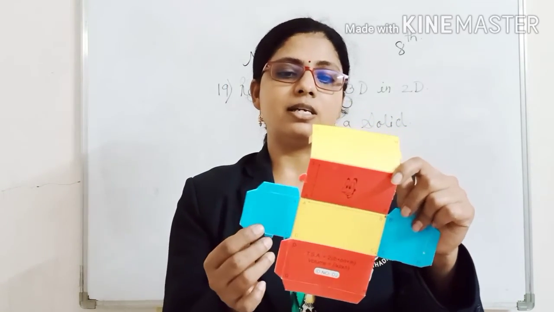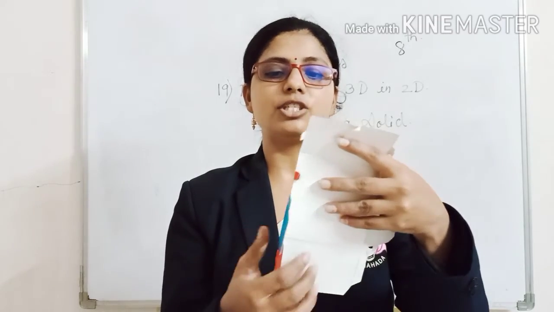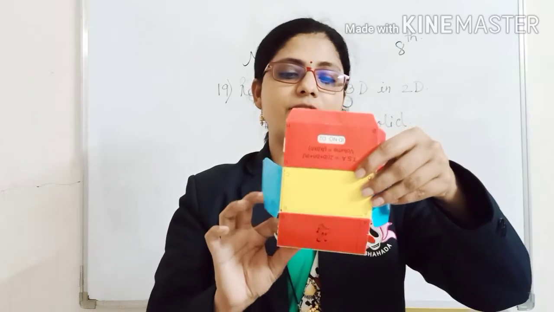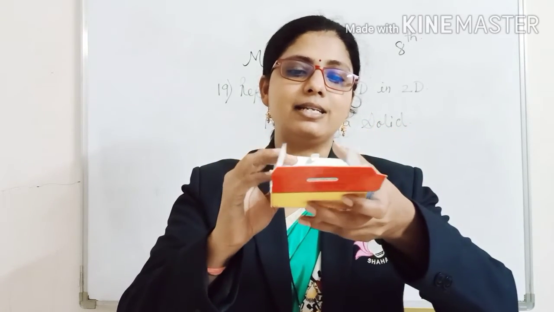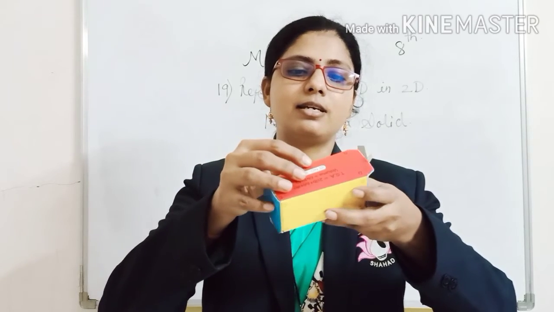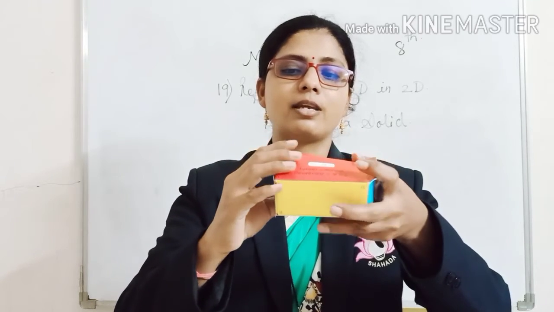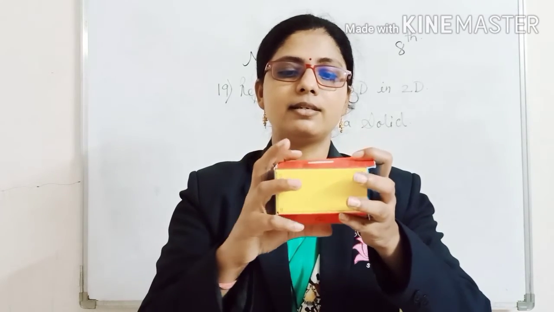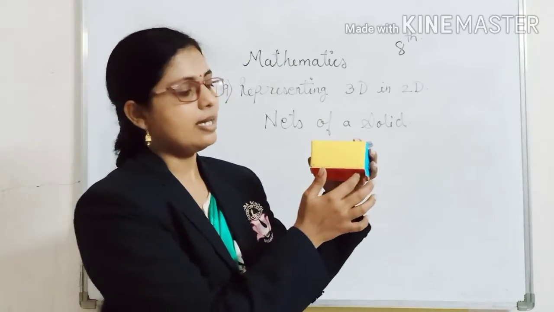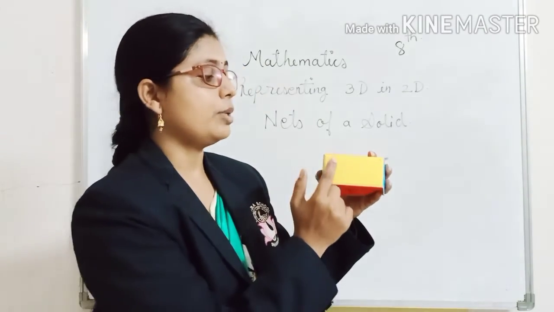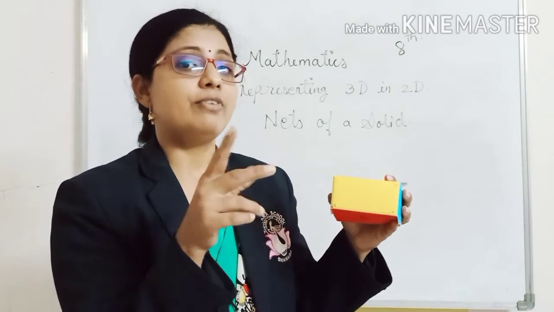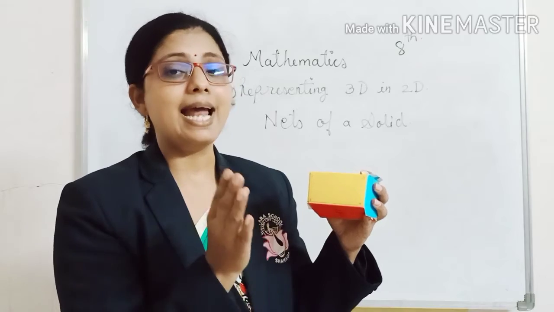Now can you guess this is the net of which type of figure? If I try to fold this, let us have a look. What is the formation? Yes, just have a look. It is forming a cuboid. So in this cuboid, you can see we have already learned faces, vertices and edges.